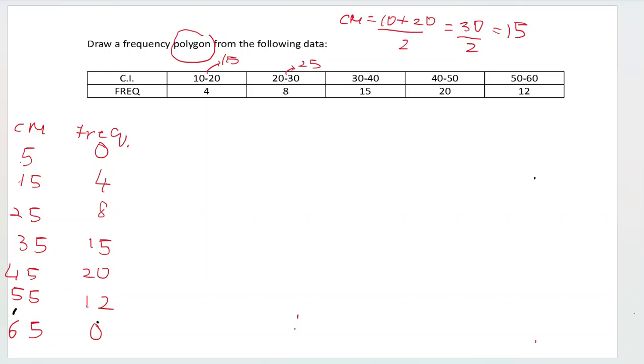Now we draw the frequency polygon. In a frequency polygon, we write down all the class marks with frequency, and the end cases we added. Now we draw the diagram.